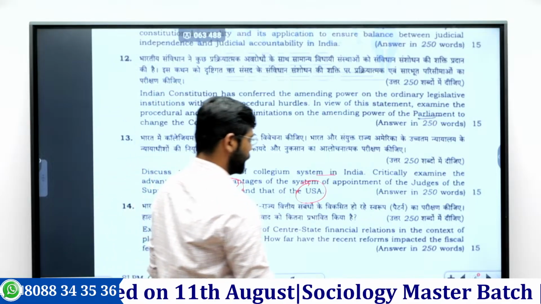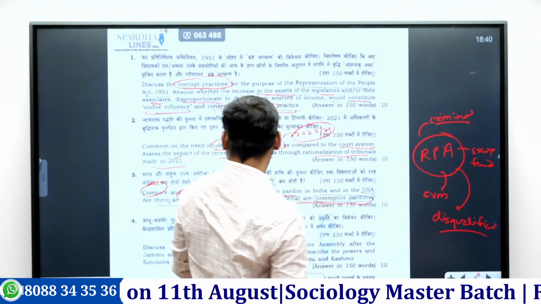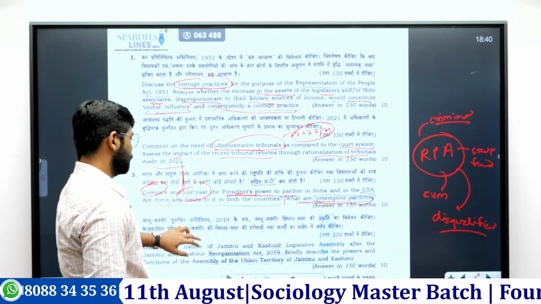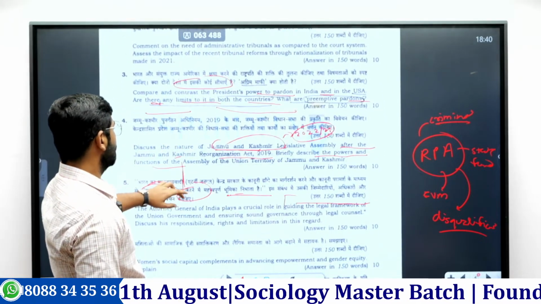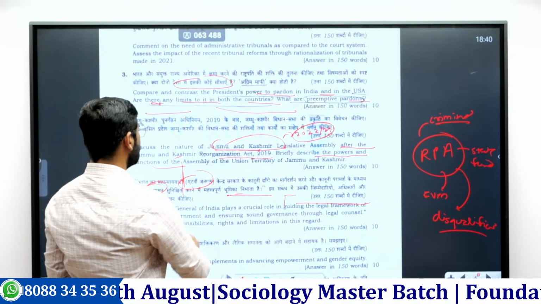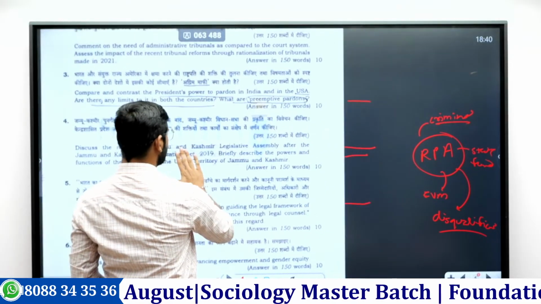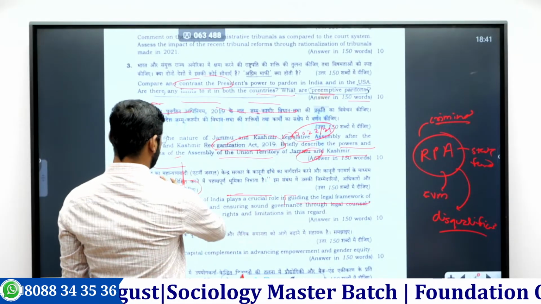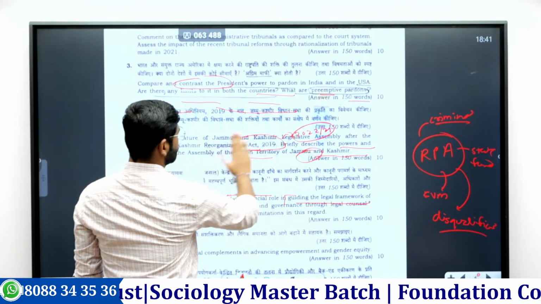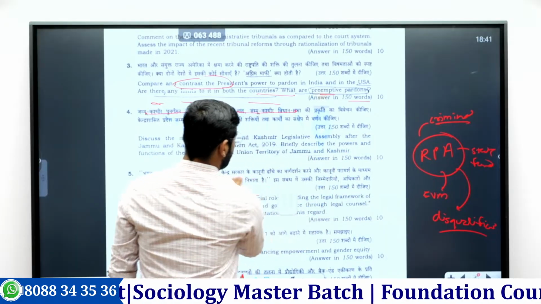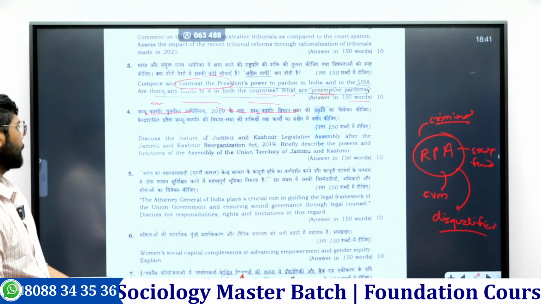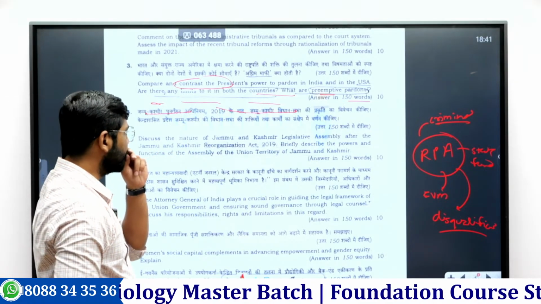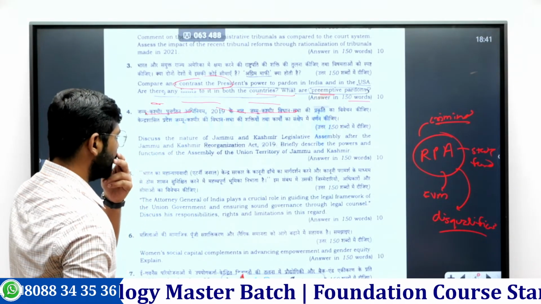So this is one theme that directly came here. The next question: the nature of the Jammu Kashmir Legislative Assembly after the Jammu Kashmir Reorganization Act 2019; briefly describe the power and function of the Assembly in an Indian Union Territory.